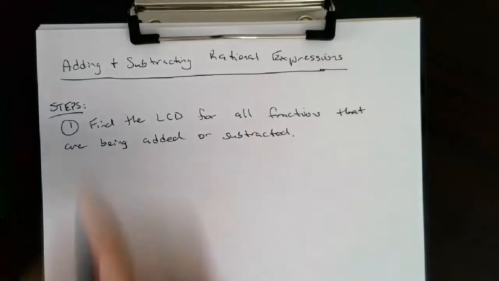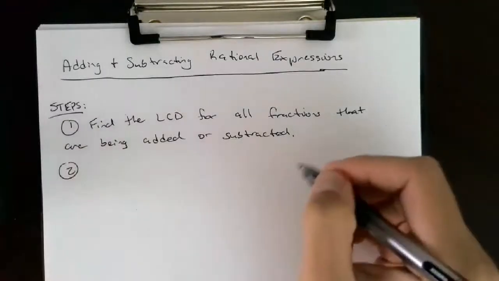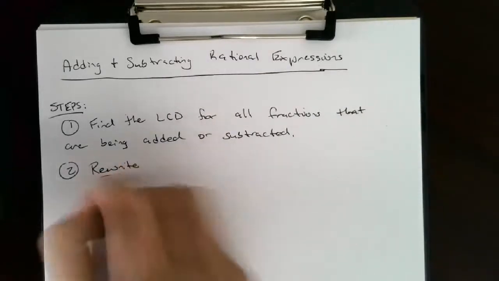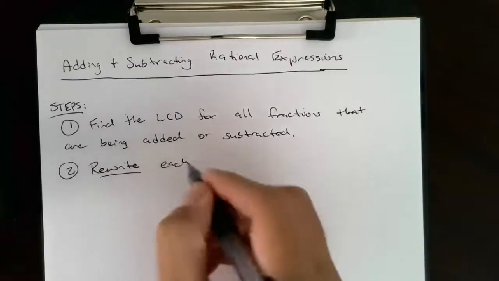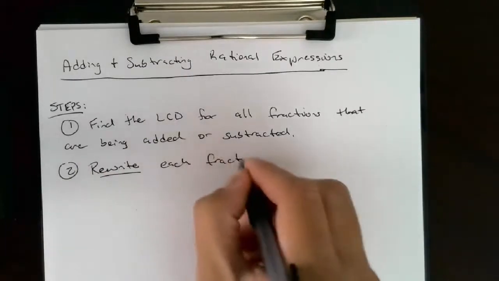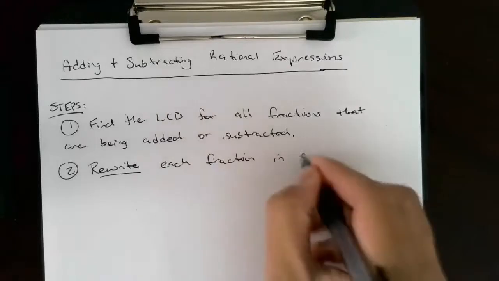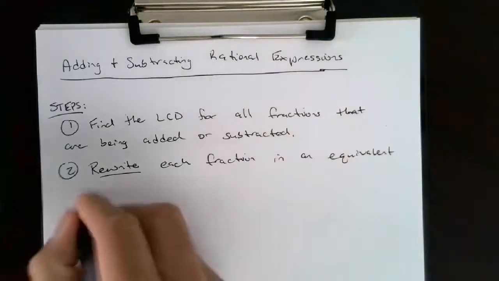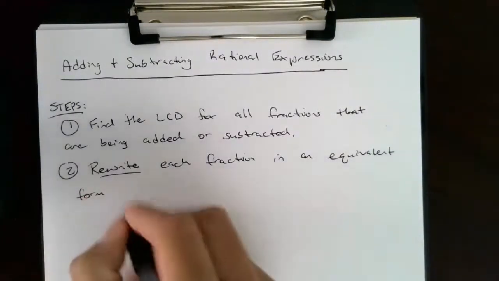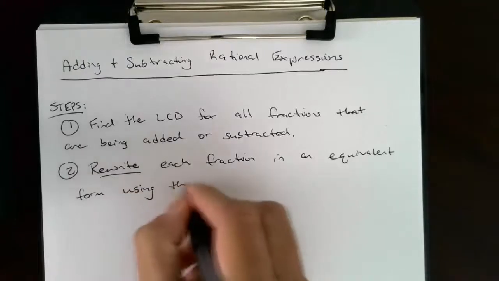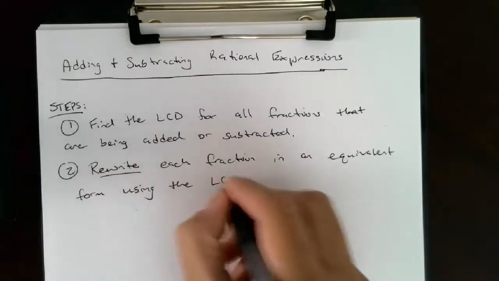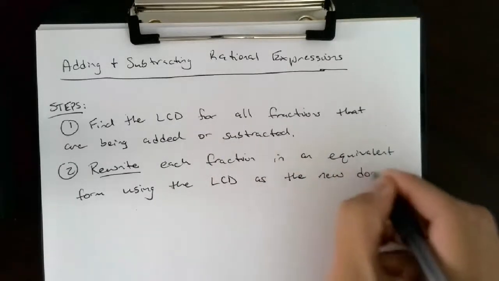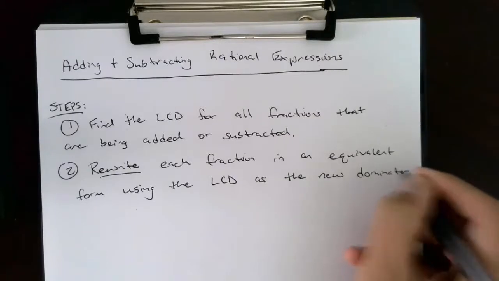After that, typically when you're adding or subtracting fractions, you find the LCD and then you want to rewrite each fraction in an equivalent form using the LCD as the new denominator.